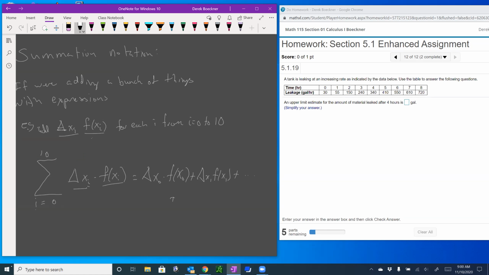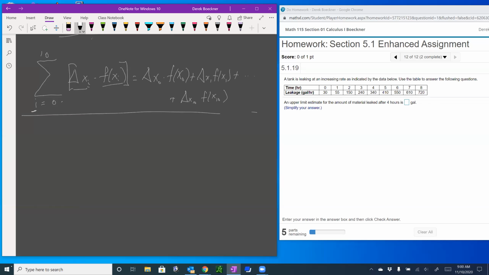The last one would be delta x10. So in the sigma notation, you've got some expression in here which depends on an index, and that index runs along some integers usually. 0 to 10 here would be those integers that the index runs along. Okay.